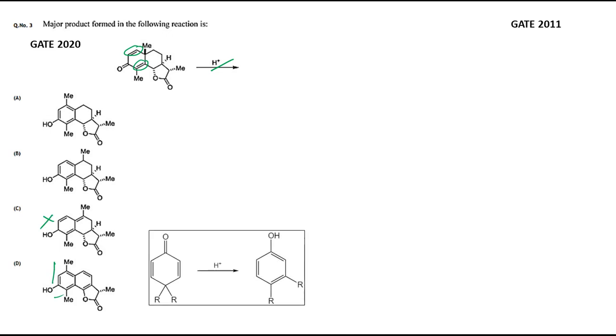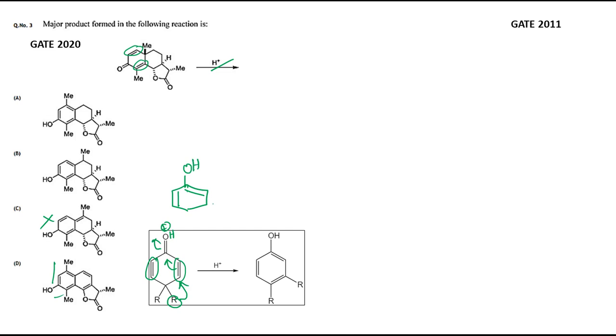If you want to see in general what happens in this case, this is the dienone system, two CC double bonds and one C double bond O. In the presence of H plus, oxygen will be protonated. Once it is protonated, this double bond can be shifted here and one of these R groups will be migrating to this position. So we are getting a new CC bond here.